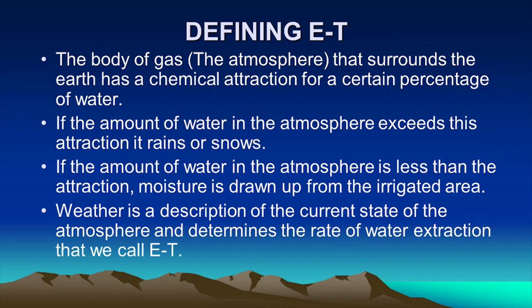So ET, the body of gas, the atmosphere that surrounds the Earth, has a chemical attraction for a certain percentage of water. It's like a sponge, right?